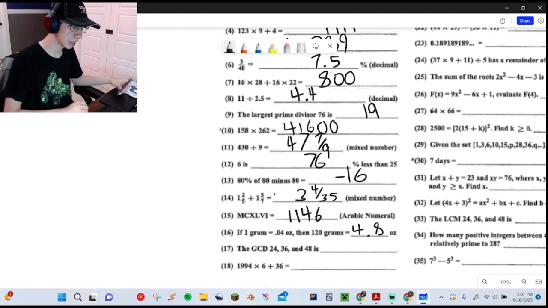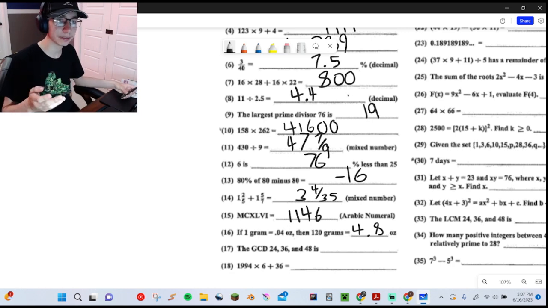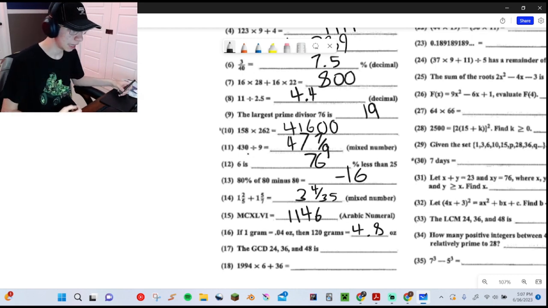Okay, number 17, greatest common divisor. So the greatest common divisor is the greatest number that divides a set of numbers. And what it means to divide a number is that when you divide it, there's no remainder. So technically I could say, for instance, 24 and 70, I could divide both these numbers by 5.